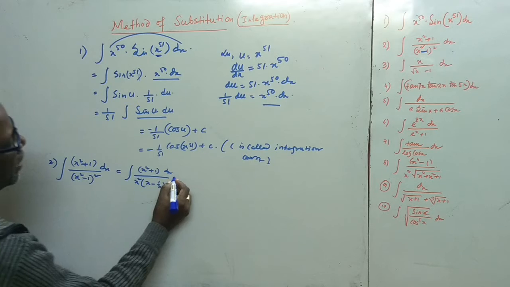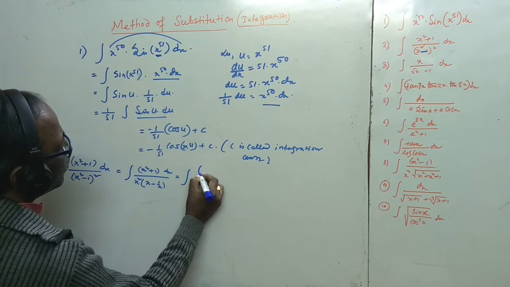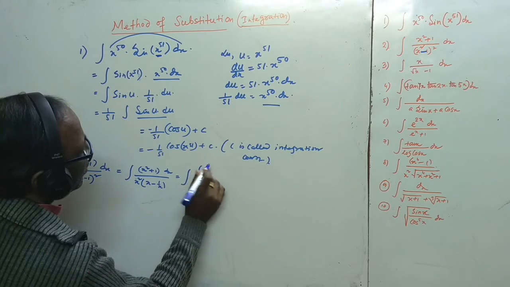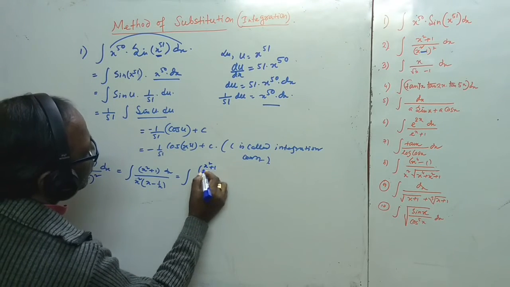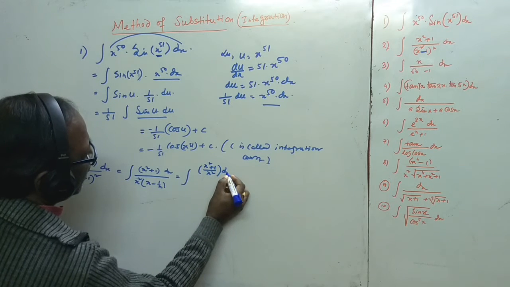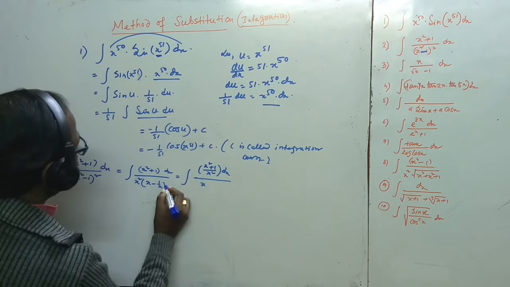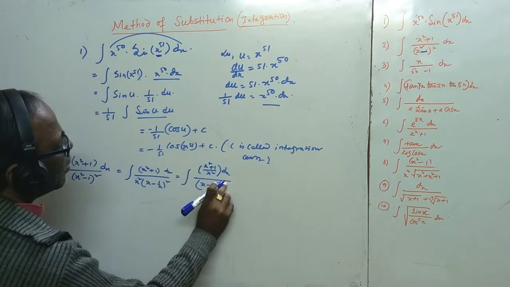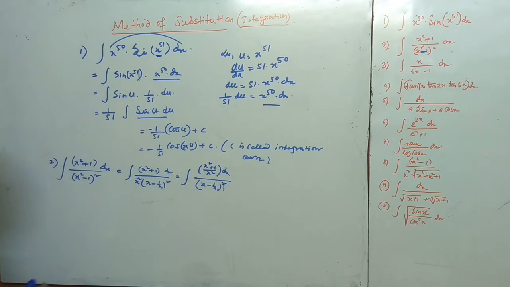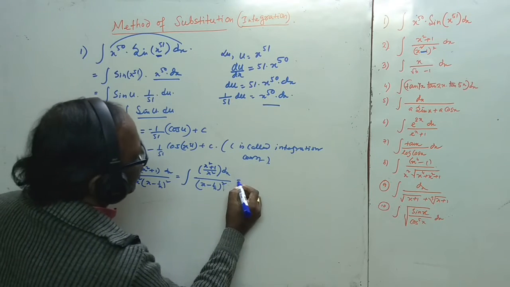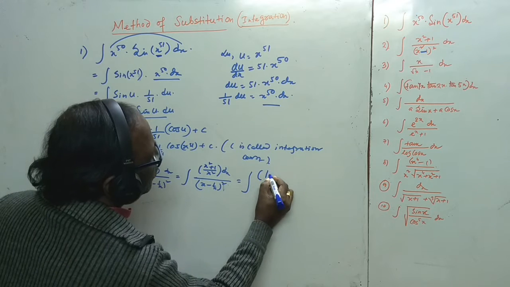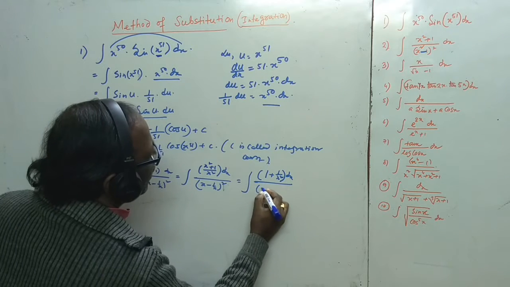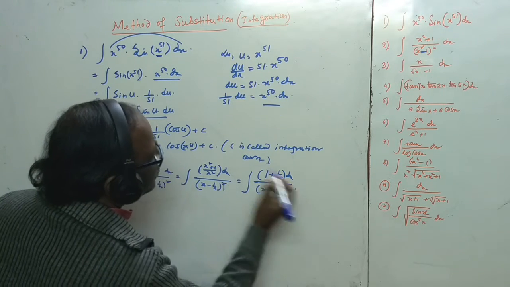If we divide by x square, we get 1 plus 1 by x square dx over x minus 1 by x whole square.